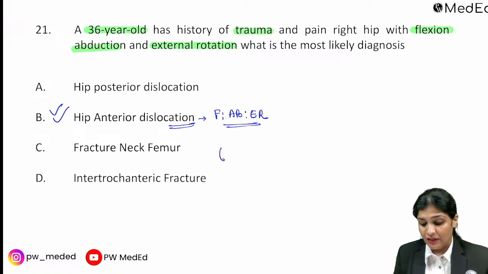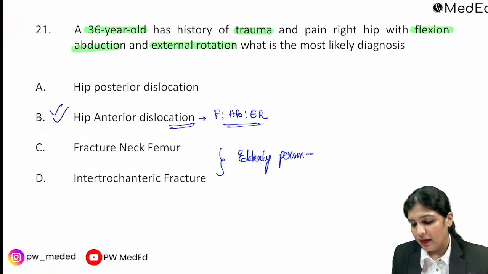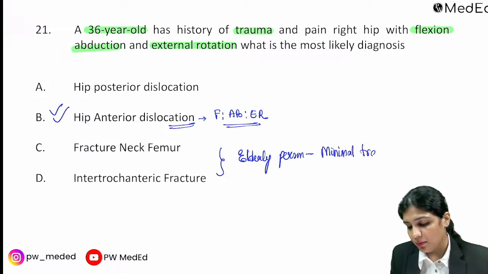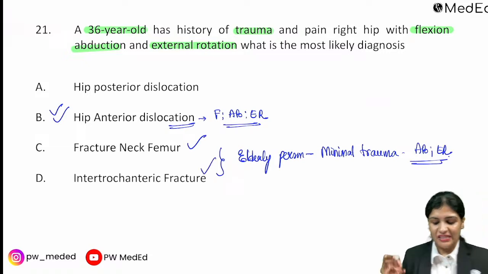But if the answer was with elderly persons and minimal or trivial trauma with abduction and external rotation, you should always put fracture neck of femur or the IT fracture.